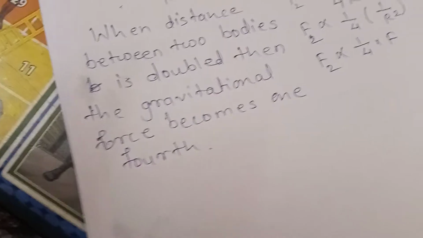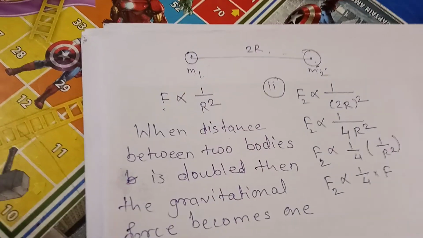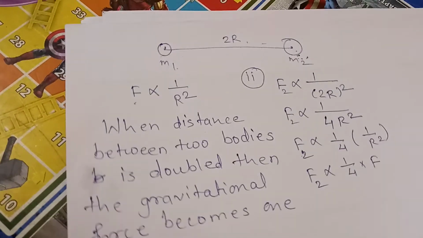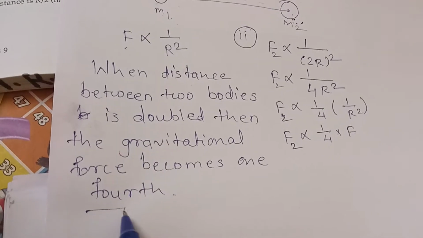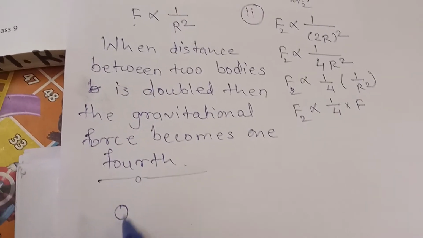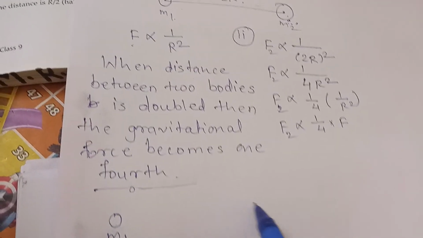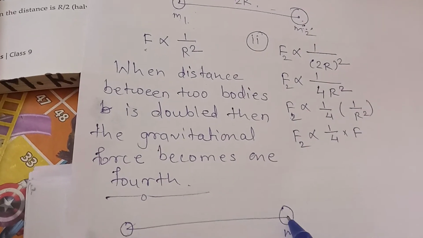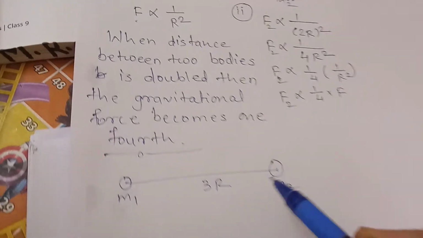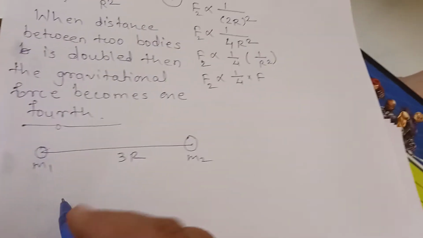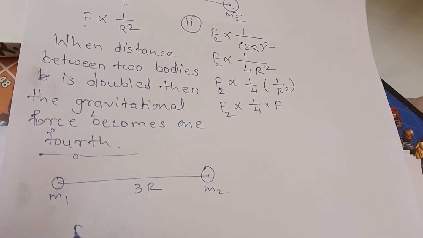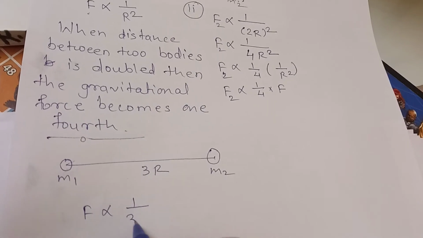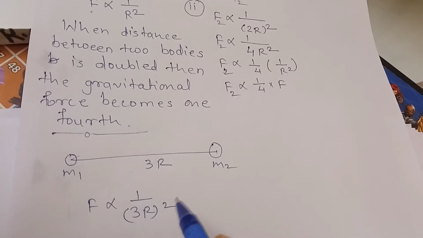In this way we can conclude, if we triple the distance between the two bodies, what will happen? See, this mass is m1, this is m2, and if the distance between them is 3r, then you can easily find the relation: F is directly proportional to 1 upon 3r bracket square.